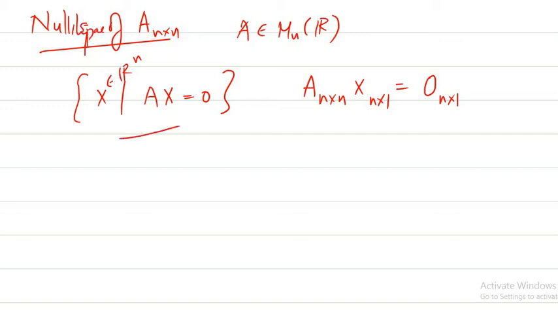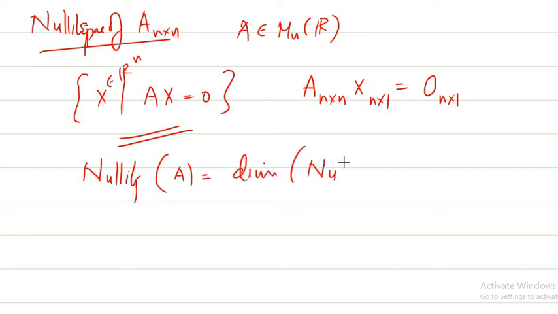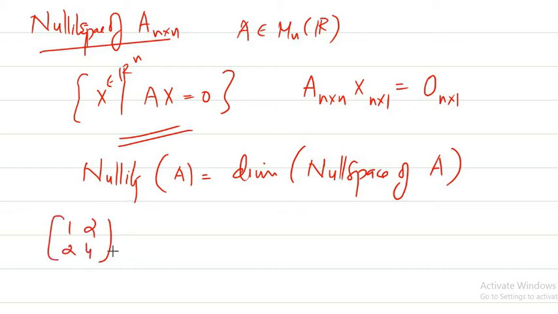This is the null space of the matrix A, and the dimension of the space is known as the nullity. Nullity of A is defined as the dimension of the null space of A. For a simple example, take the matrix 1 2 2 4. You have to find the set of all x for which Ax is equal to 0.